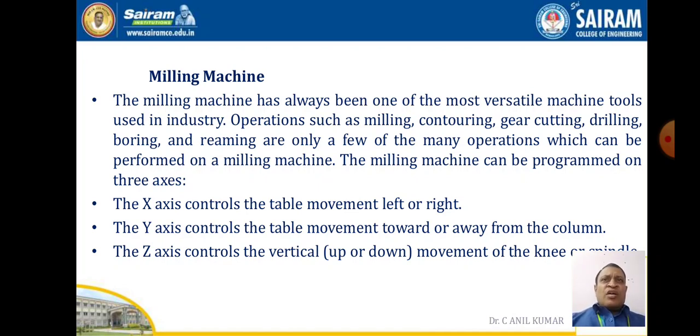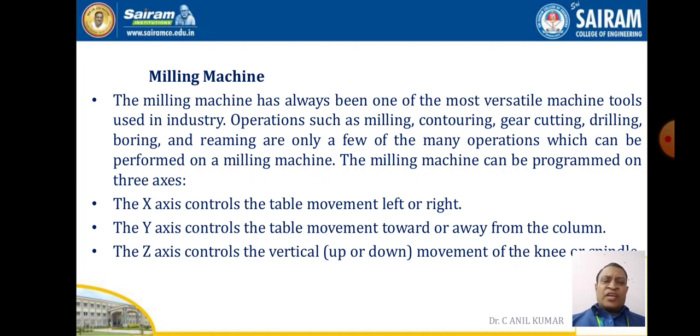The X-axis controls the table movement, either left or right. The Y-axis controls the table movement towards or away from the column, and the Z-axis controls the vertical movement of the knee or the spindle. This is a small introduction to the milling machine.